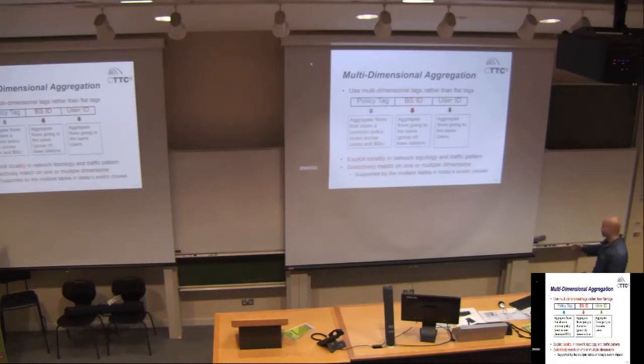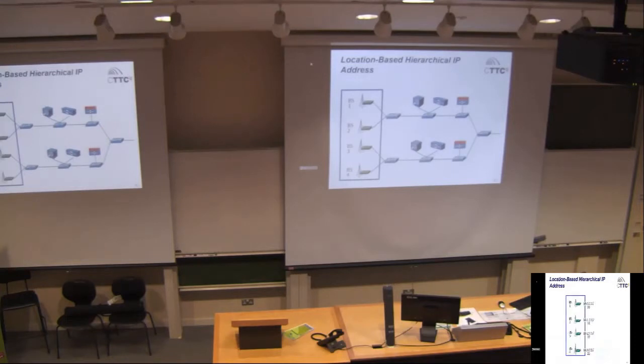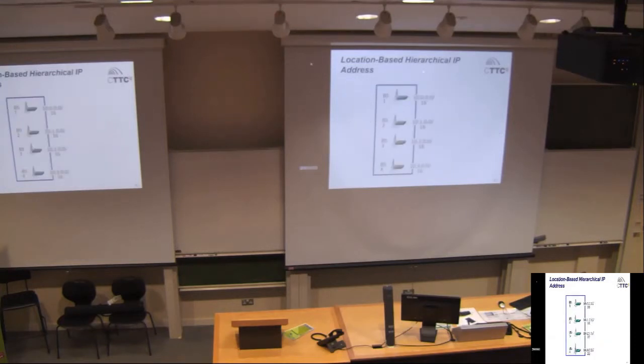So the idea is to exploit the location of these UEs to assign a hierarchy in the IP addresses assigned to them when they attach to a base station. So let's put some examples here. What do I mean by location-based hierarchical IP addresses? We have 4 base stations here. Each one has a prefix, okay? 10.0/16, 10.1/16, 10.2, and 10.3.